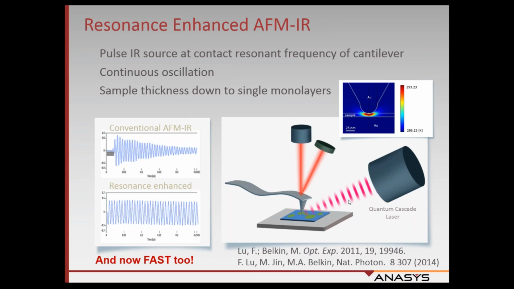This creates a continuous oscillation of the cantilever and allows improved sensitivity, with measurements down to single monolayers. And what we've done now is develop the capability to do that same measurement much faster than previously and over a broader spectral range.